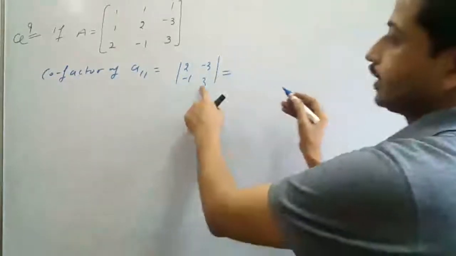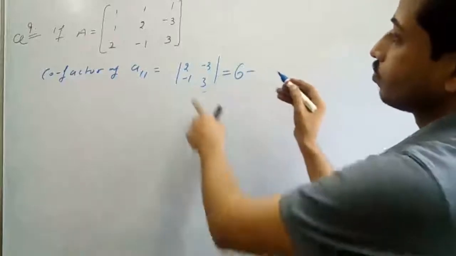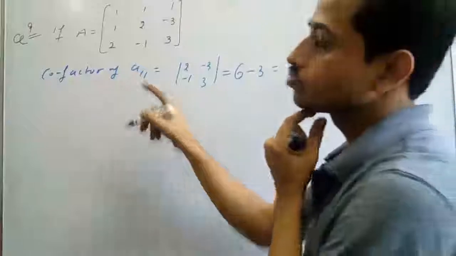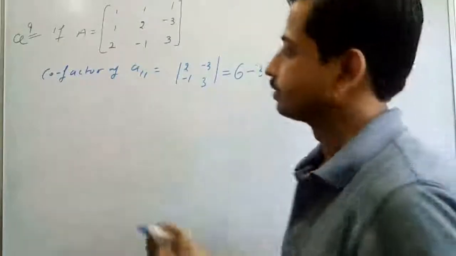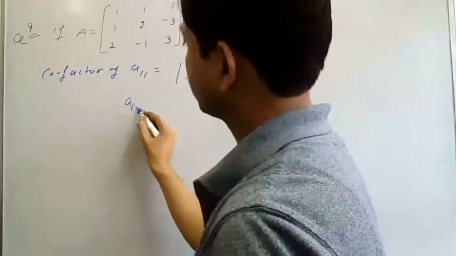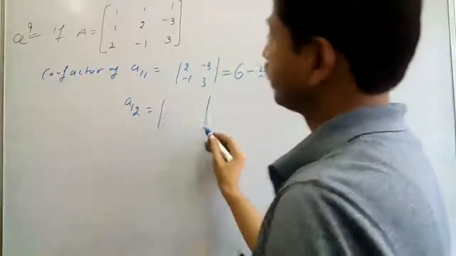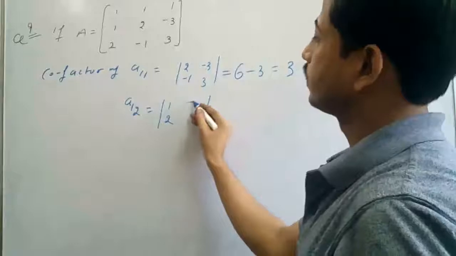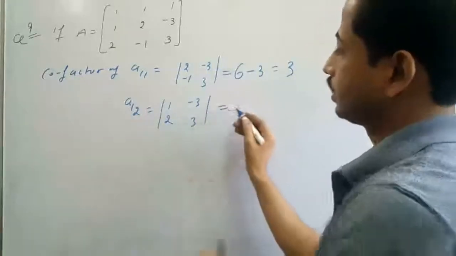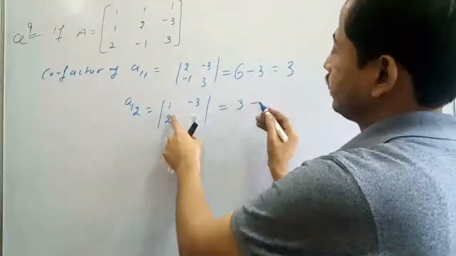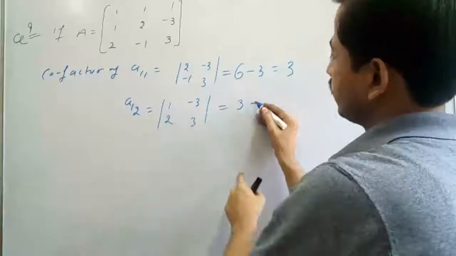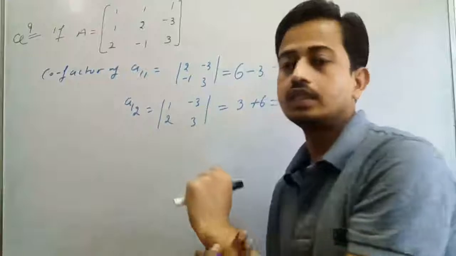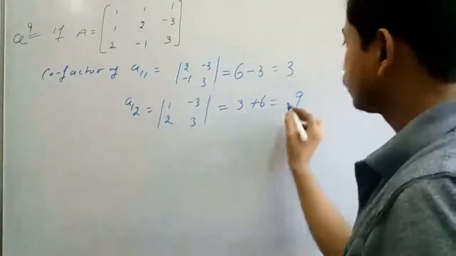Solve this: 3 into 2 is 6, minus 1 into 3 is 3, so we get 3. 1 plus 1 is even, so we keep the same sign. Now the cofactor of A12: remove the first row, second column. We get 1, 2, minus 3, 3. Now solve this: 3 into 1 is 3, minus 3 into minus 2 is minus 6, so it becomes plus 6. We get 9. 1 plus 2 is 3, odd. Odd means we have to change the sign.